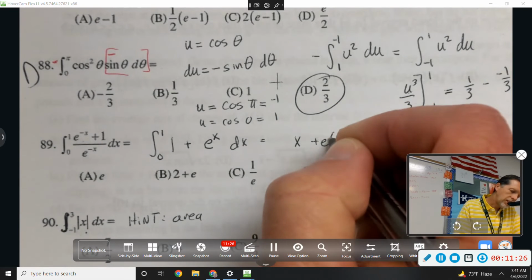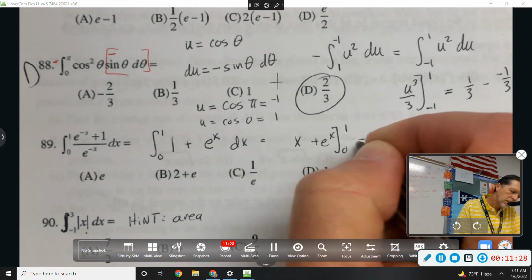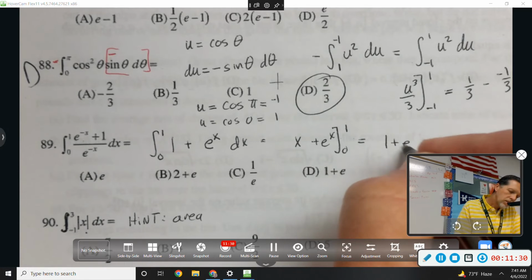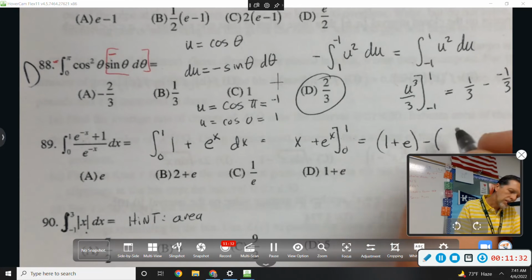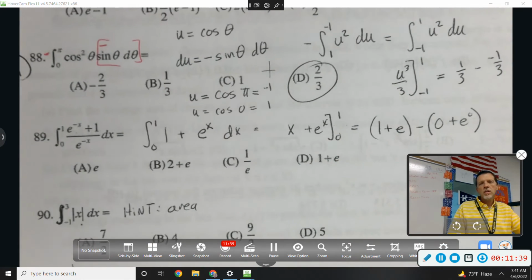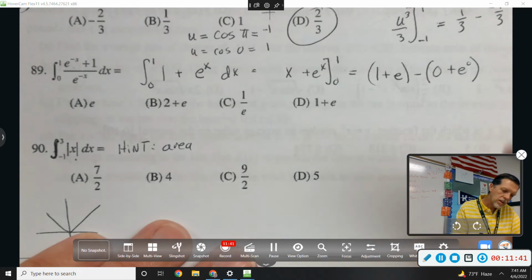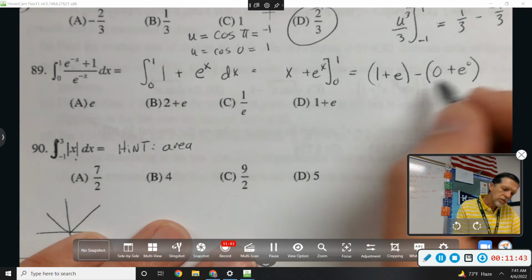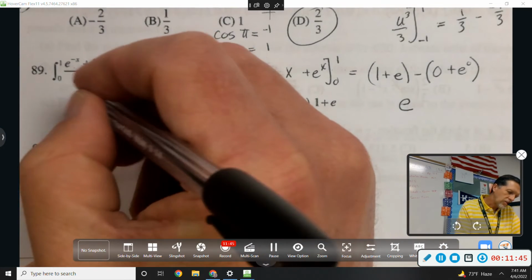X plus e to the x from 0 to 1. So 1 plus e minus 0 plus e to the 0. E to the 0 is 1. 1 minus 1 goes away, and all of that to just get e.